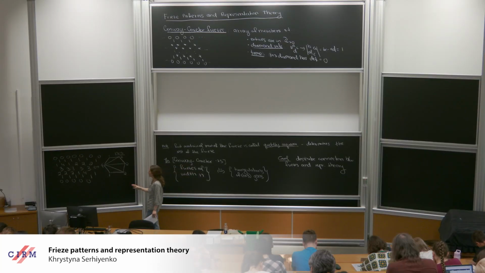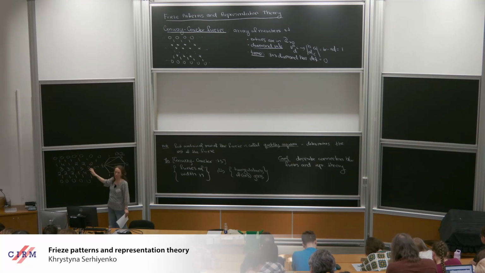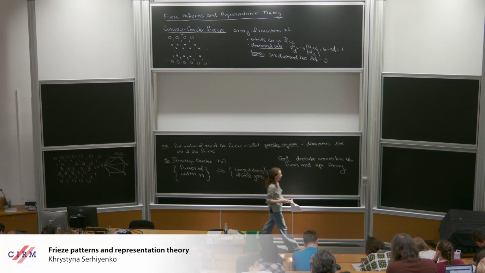Okay, so I want to reinterpret this picture in terms of representation theory. Not just the first row, but also all the entries, and give them a meaning in terms of representation theory.